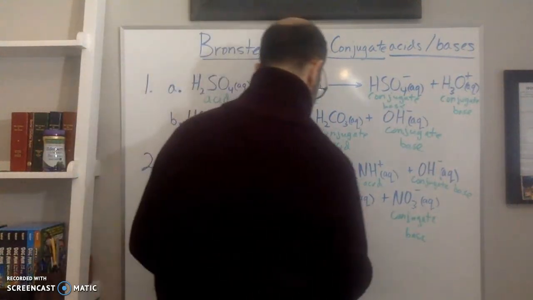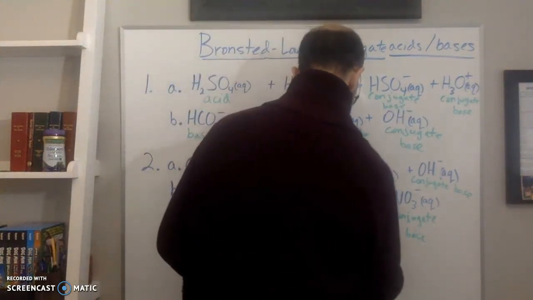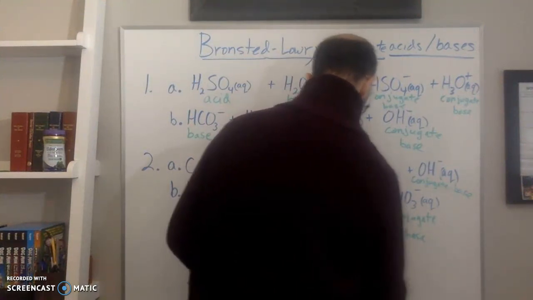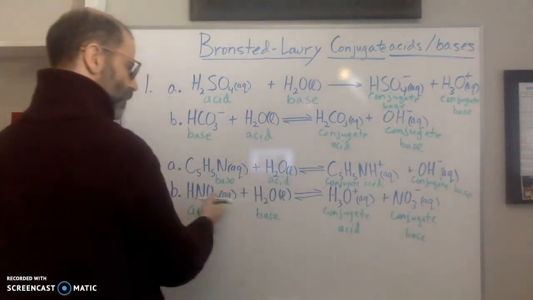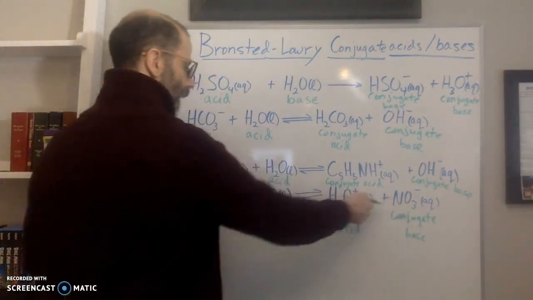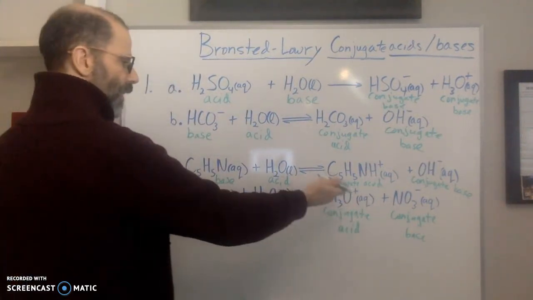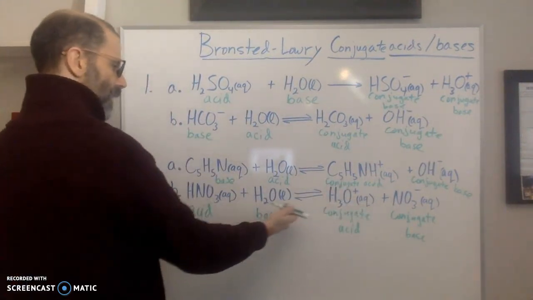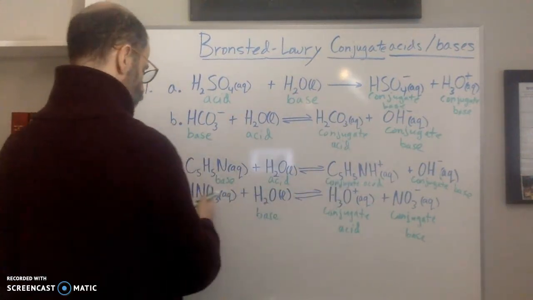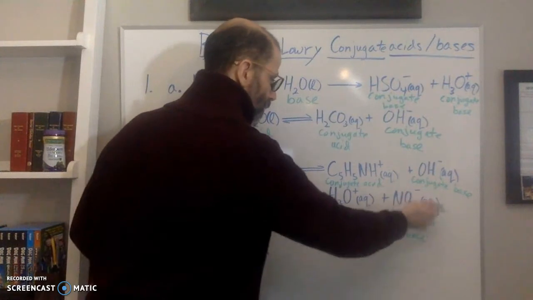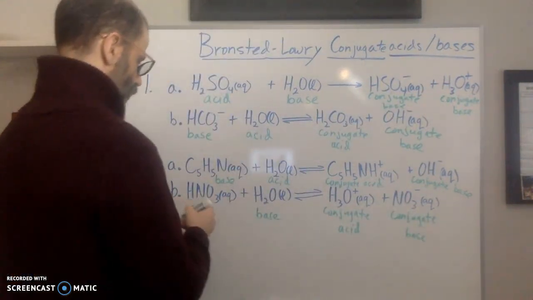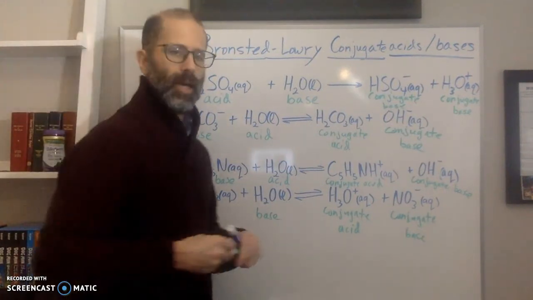And this is the conjugate acid, because, again, you can go backwards. This is a reversible reaction, the double arrow. If you go backwards, the H3O plus, the hydronium ion, can donate the proton back to NO3 minus to give you HNO3 and water. So that's why it's called the conjugate acid and base.